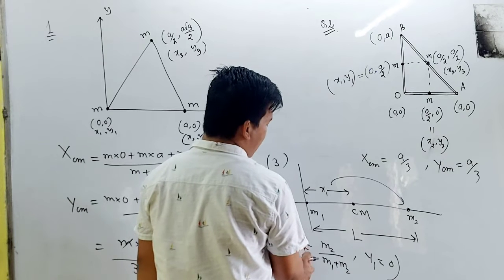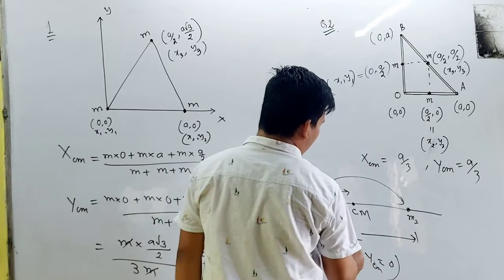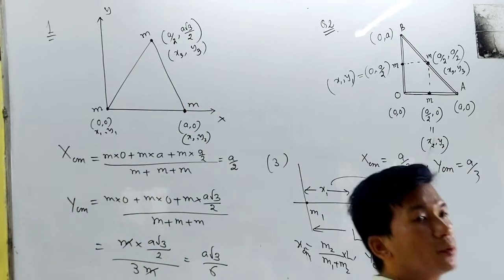So xcm and ycm are given by this formula, which is formula number 2.